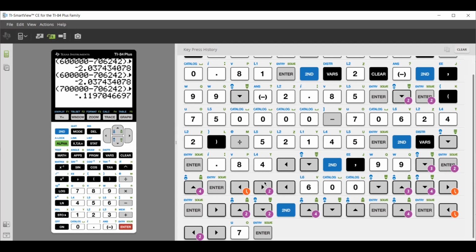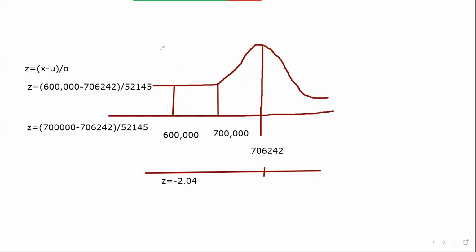So this is going to round to negative 0.12. Yeah, I got that. Okay, so we have negative 0.12. So we have anywhere between negative 2.04 and negative 0.12. So now this is negative 0.12 here.